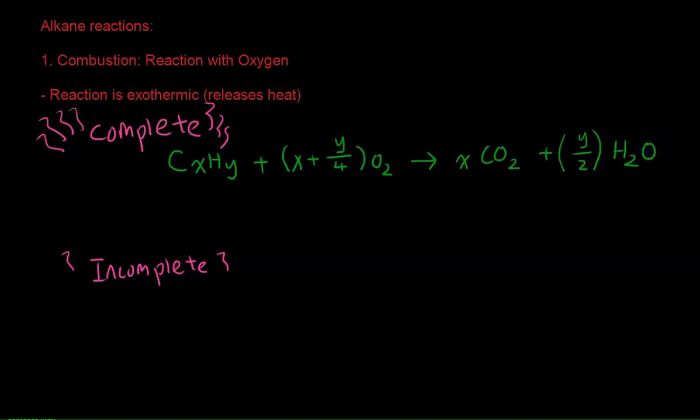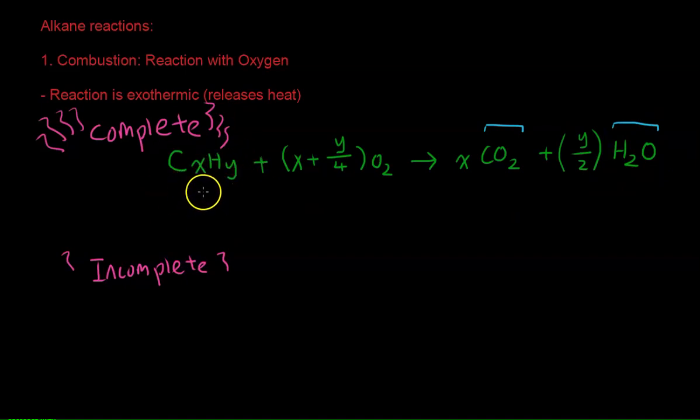Because if you recall in our video on the overview of fuels and oil, we told you that complete combustion means you only get 2 products. First one being carbon dioxide, second one being water.